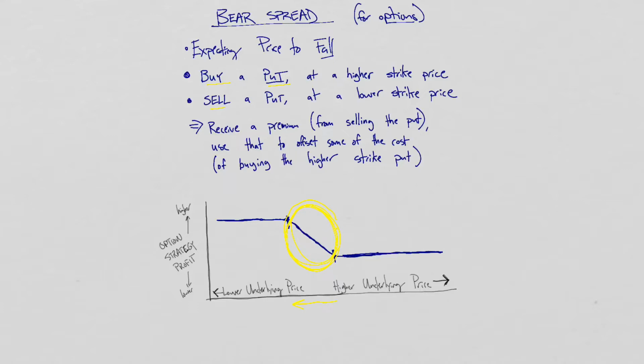Now there's one caveat to that, and that's that we have to consider the cost of buying the option and the benefit of offsetting that cost by selling the other option. So if we're going to calculate the break-even point, the point at which the stock needs to fall for us to make a profit, we need to take a look at that.